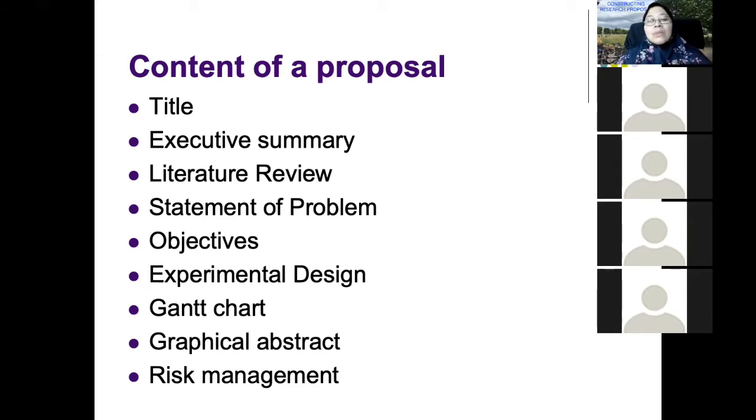So we have title, executive summary, literature review, statement of problem or problem statement that we are going to discuss today, objective, experimental design, Gantt chart, graphical abstract, risk management. We will discuss these points throughout our lecture, not today, but some of the points will be discussed in future lectures. If you have any questions, just shoot, just ask.